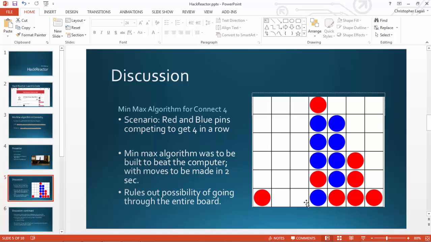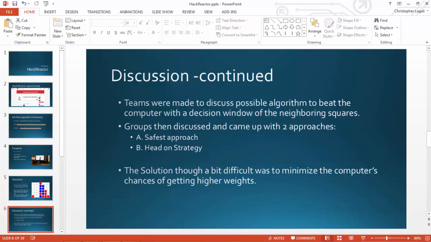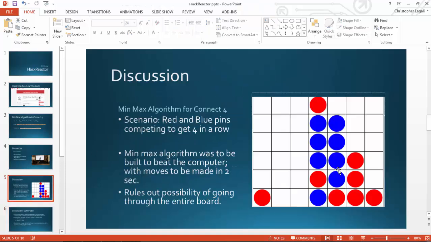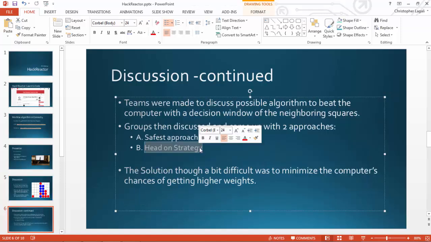That would win you the game easily. But he wanted the head-on strategy, wherein you try to stop the computer from taking the most weighted places. So if he puts a dot here and the weight over here is higher, your dot should come here. That's what we talked about, the head-on strategy.